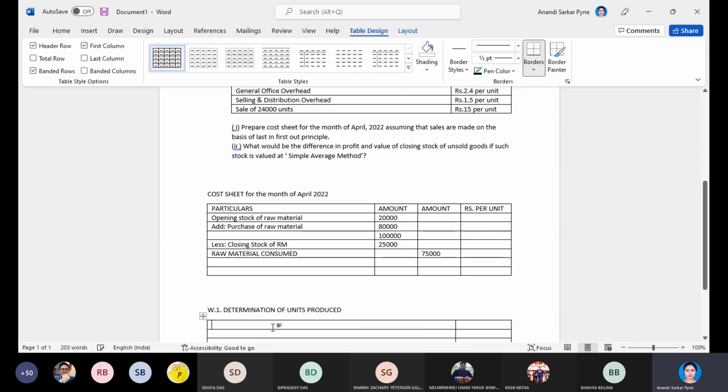I'm not writing particulars and amount since this is workings. So you can mention over here sales units 24,000.